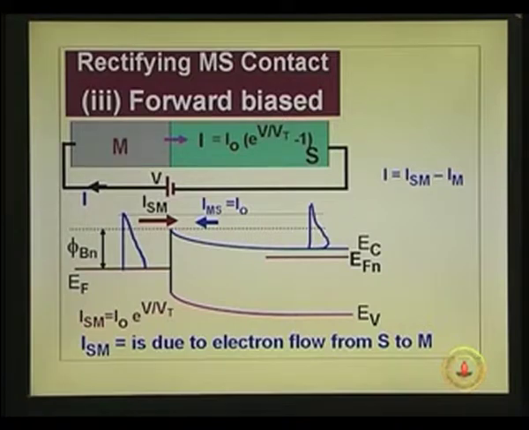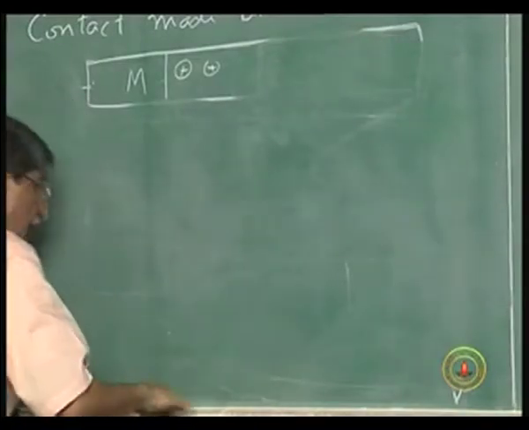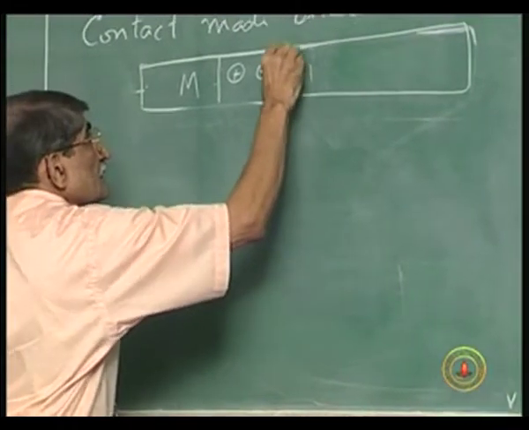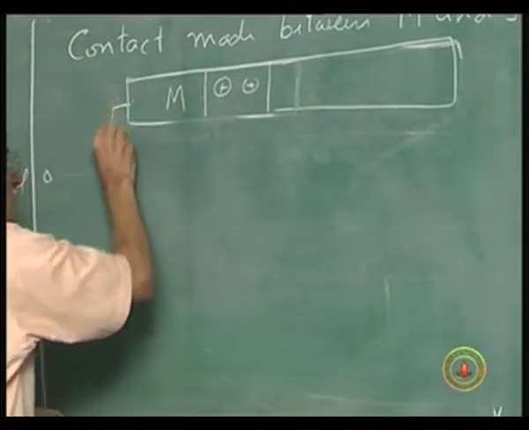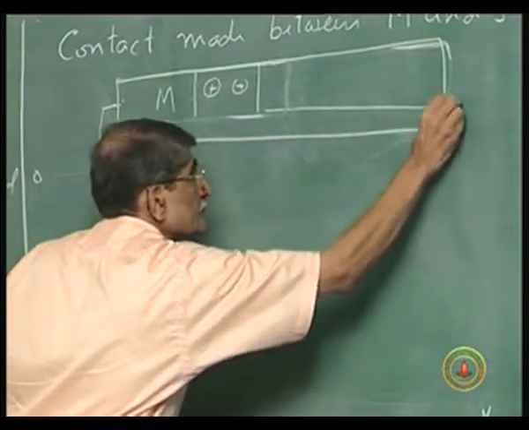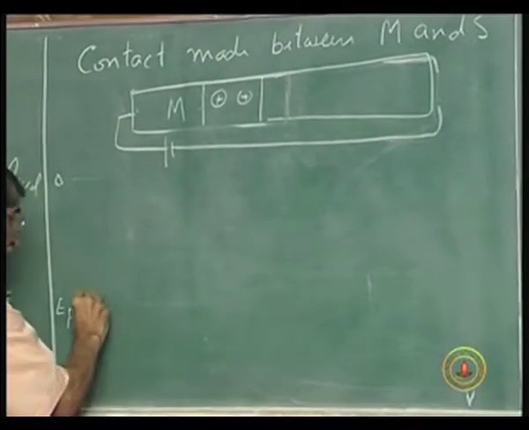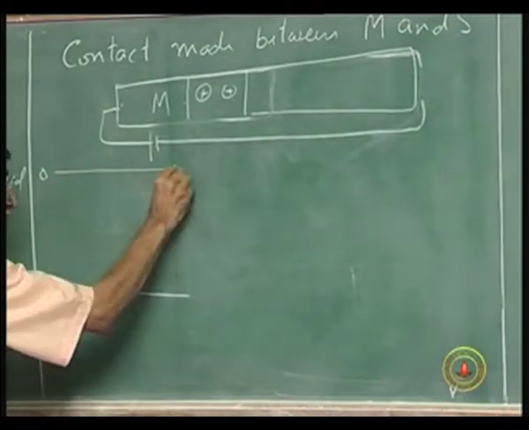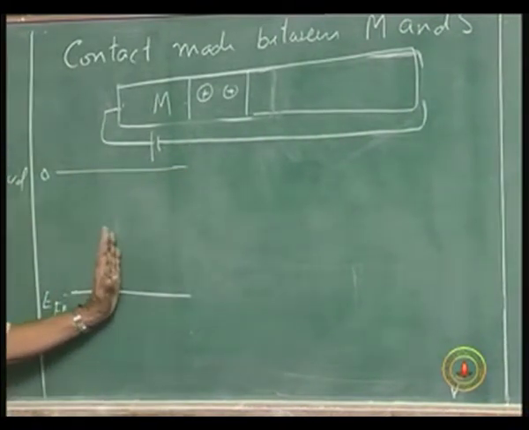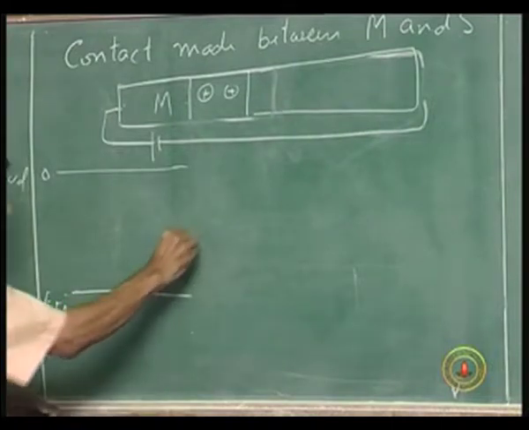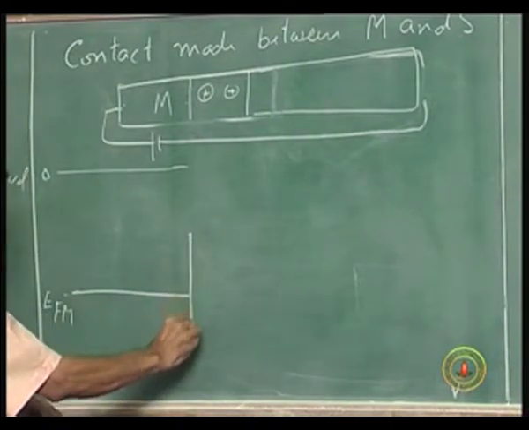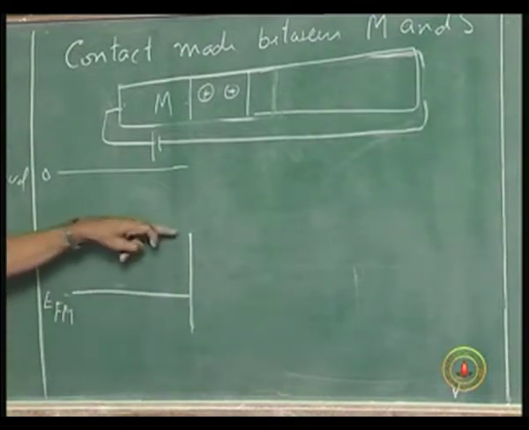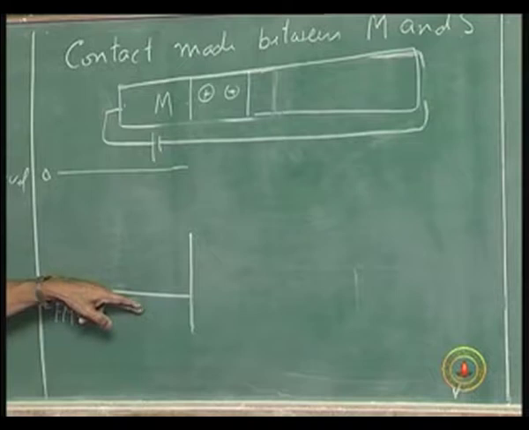Now, what we did is, from the thermal equilibrium situation, which was like that, we have reduced the barrier by applying a forward bias. This level has not changed, it remains the same, because nothing is happening at that level. In fact, the barrier height doesn't change, because the barrier height depends upon the conduction band edge and the Fermi level.